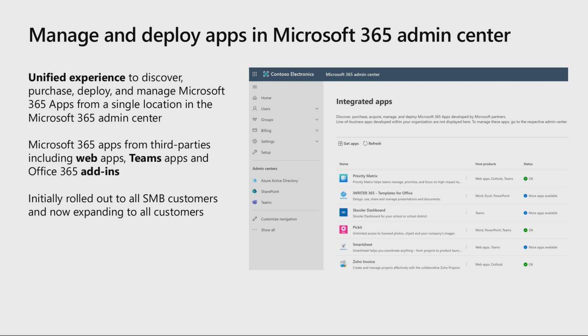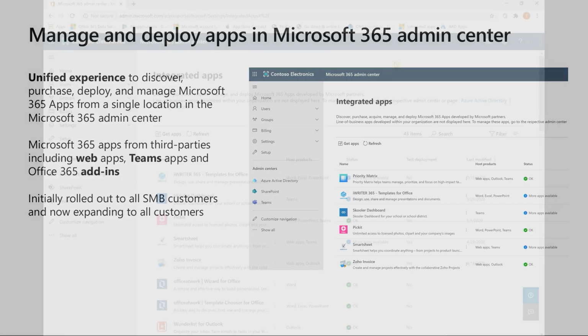Let's look at a demo on how this looks like in M365 Admin Center. To give an example, if let's say you have Priority Matrix app, which is blocked in Teams Admin Center, but once you deploy that app in M365 Admin Center, that app would get auto-allowed at an org-wide level in Teams Admin Center. Let's look at the demo.